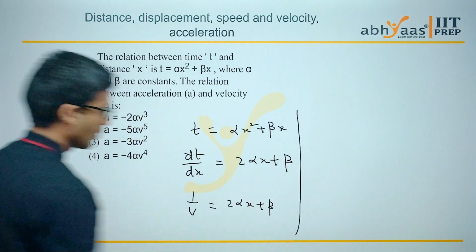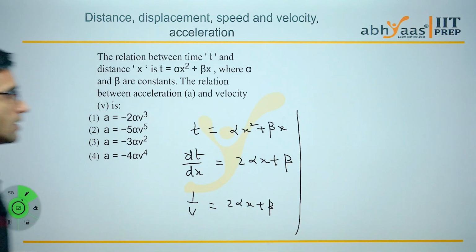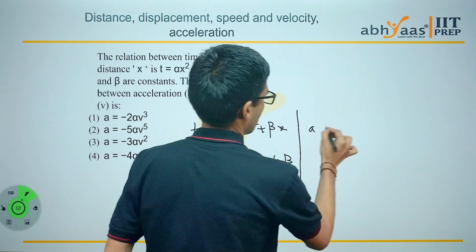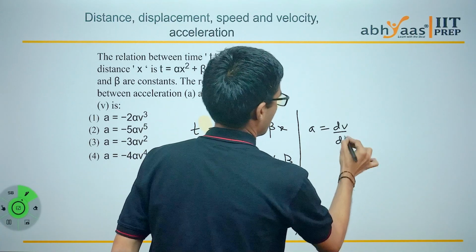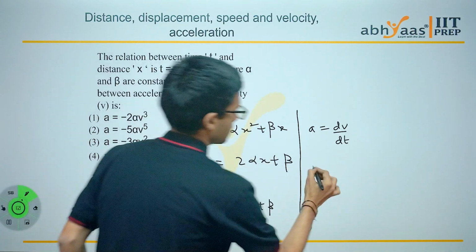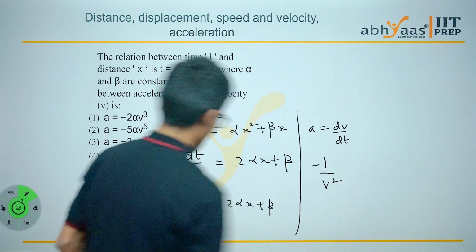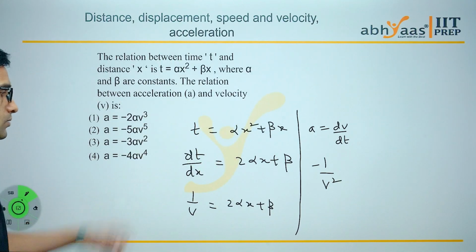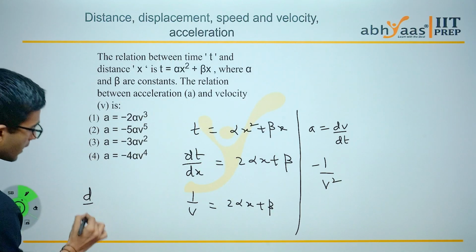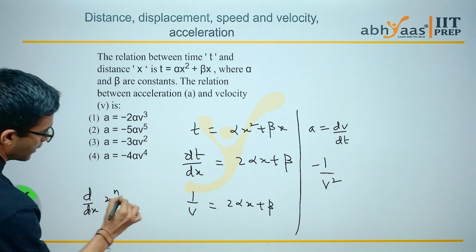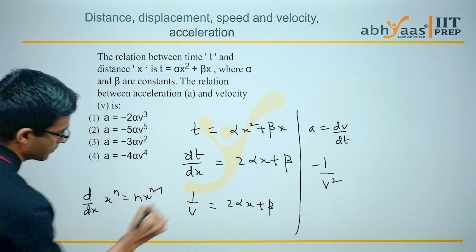Okay, now what do we need? Acceleration. Acceleration is equal to dv by dt, generally we know, but here 1 by v is there, that means minus 1 by v square, so v power minus 1. We know d by dx of x power n is equal to n into x power n minus 1.